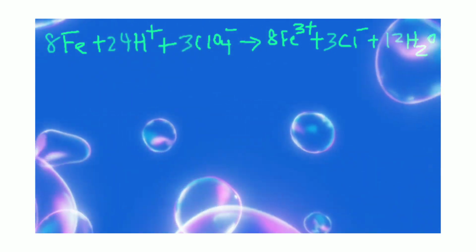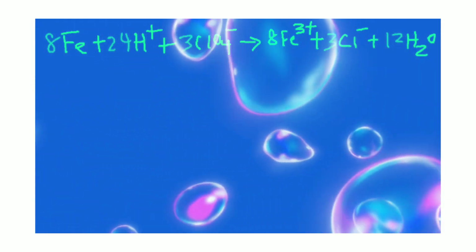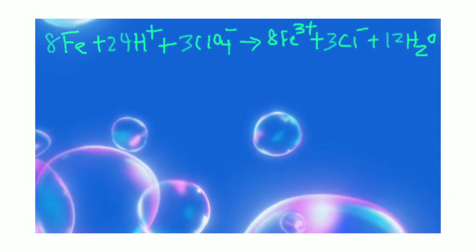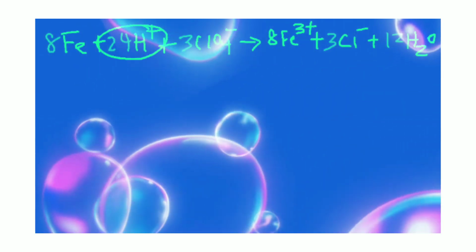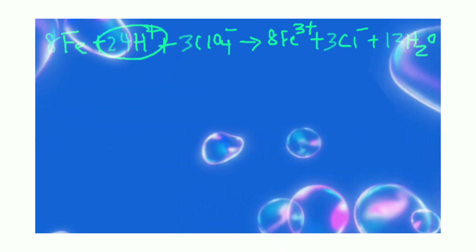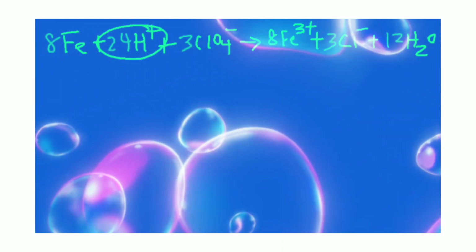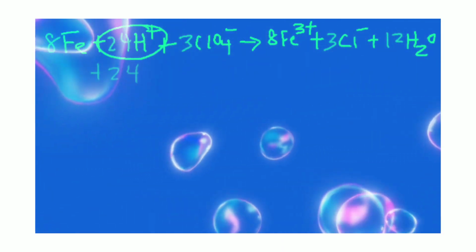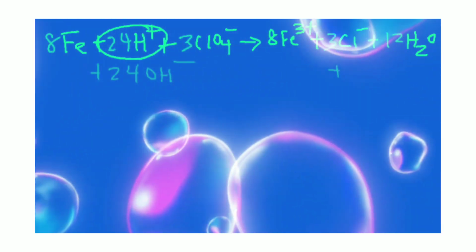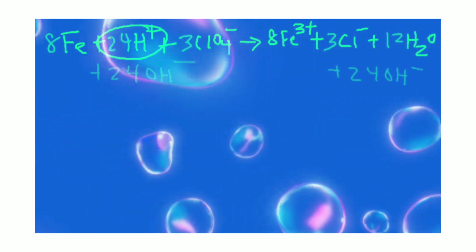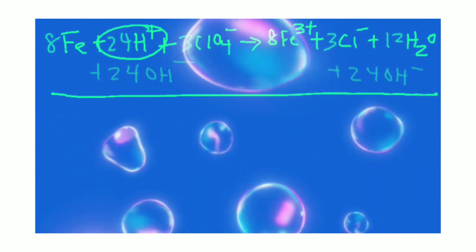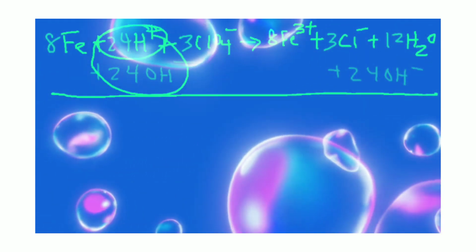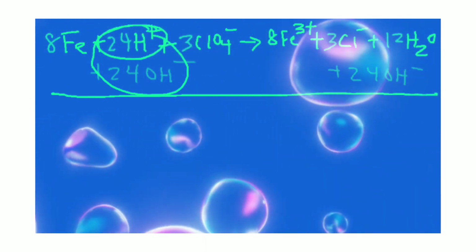At this point, we need to add hydroxide ions to the solution. The number of hydroxide ions you need to add is based on the number of H+ ions that you see in the balanced reaction. So we're going to add 24 hydroxide ions to both sides of this equation. On the left side, 24 H+ plus 24 hydroxides is going to give us 24 water molecules.